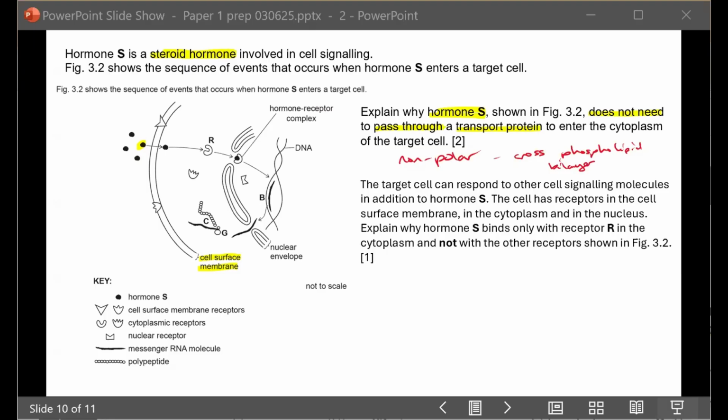Yes, absolutely. That's the key way in putting it. You should really understand that there are many different ways. There were 20,000 or 22,000 of you who sat the exam last year, and therefore not everyone's going to say it's non-polar. Some of you will use the correct term that it is lipid soluble. Because it's a lipid soluble hormone, again, it's the same thing. It can cross the phospholipid bilayer because it is not repelled by the hydrophobic region.